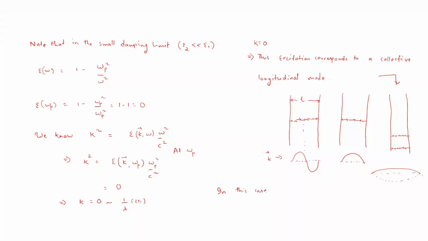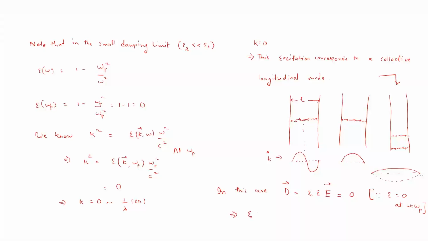In this case, the D vector, which is nothing but epsilon naught epsilon E, is equal to 0, since epsilon is equal to 0 at omega equal to omega p. Now what does this mean? What is the D vector?